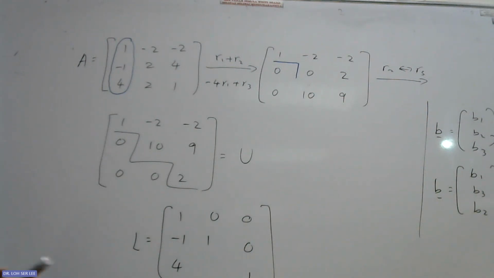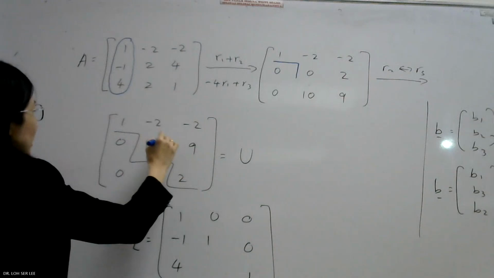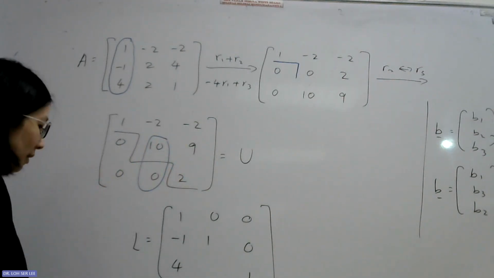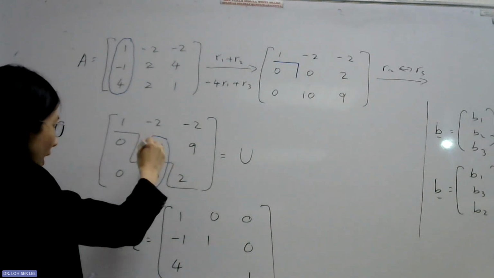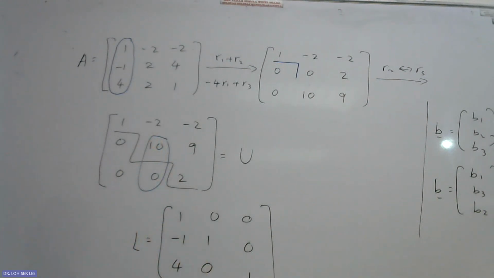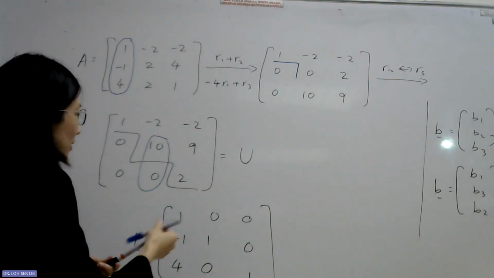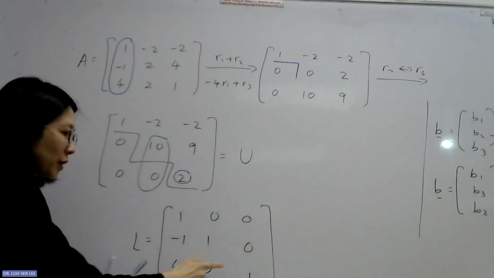What is your second pivot? 2. So divided by 10, you get 1, 0. And the last pivot is 2, so 2 divided by 2, you get this 1.